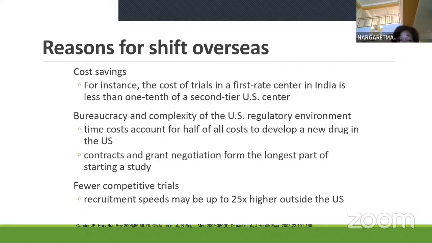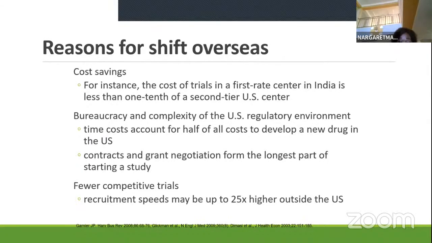From some publications, it has been shown that half the cost, or 1/10 of the cost, of a trial conducted in the United States is what it will take in India. So you can imagine. Above that, because of bureaucracy and the complexity of the regulatory system and environment in the United States, they spend half the cost to develop the new drug.